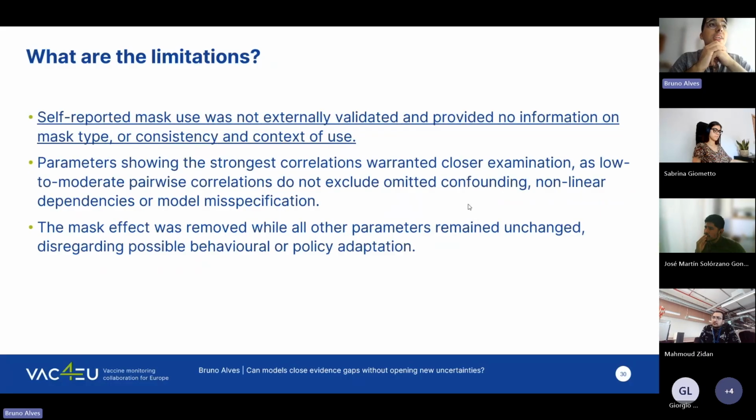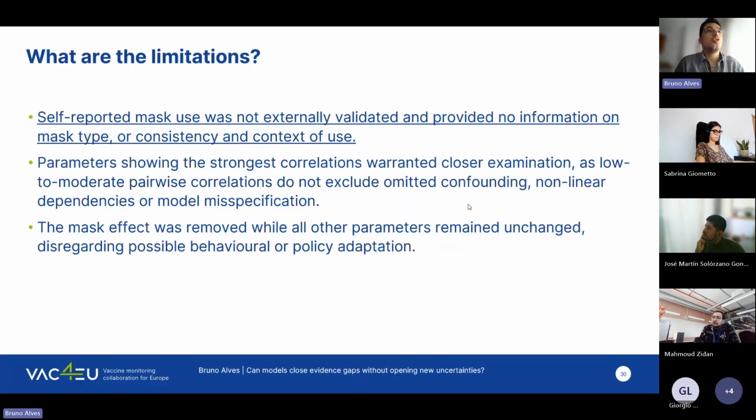For me, what are the limitations? The main limitation is the quality of the data they use regarding self-reported mask use, because it provides no information on mask type, on how the masks were used, or the context of use. The paper also mentions external validation: the data was not externally validated, so that is also a limitation to note.